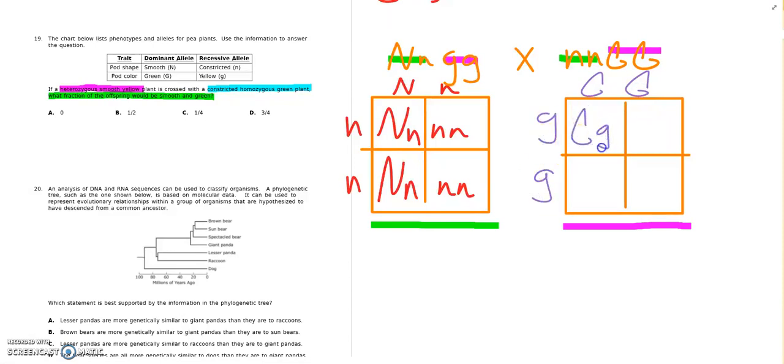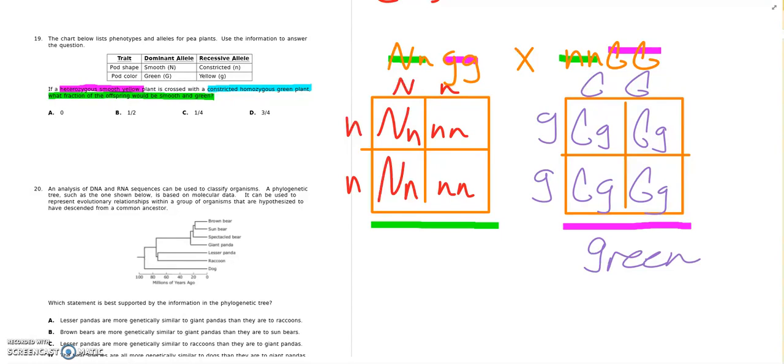Now if you'll notice, for this one we're going to have a dominant green allele in every single one of these squares. They'll all be heterozygous, but they will all be green.